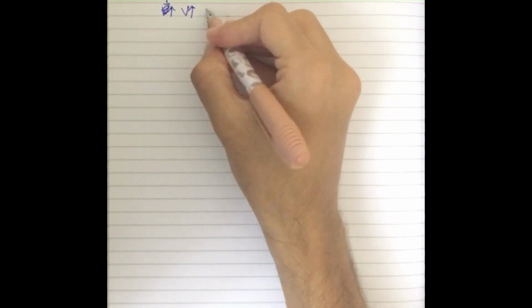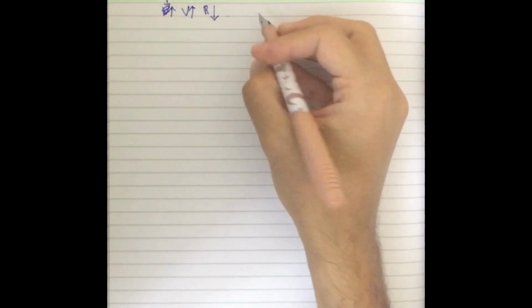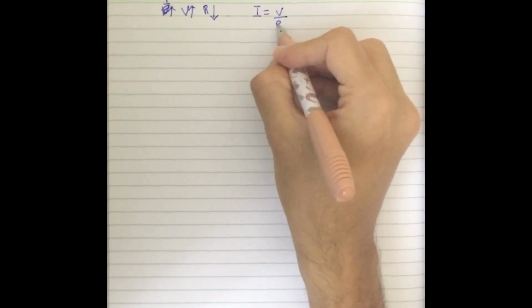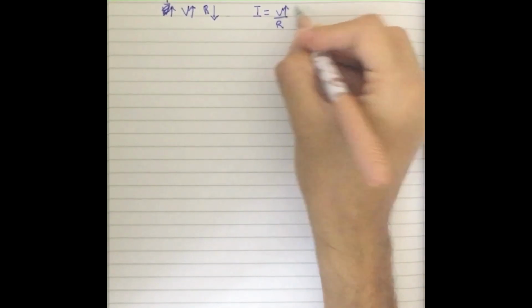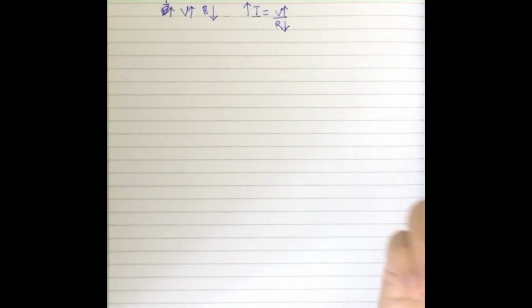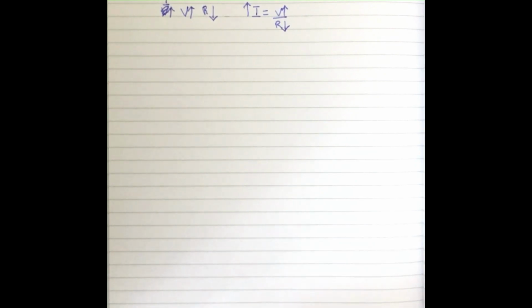So we can say the resistance must decrease, due to the formula I = V/R. Our potential difference is increasing, our current is increasing, so R must decrease, right? It's obvious.